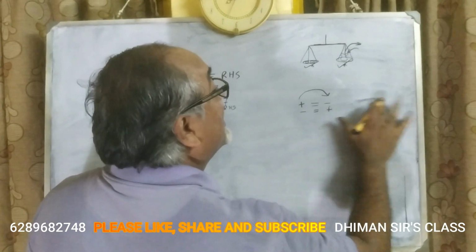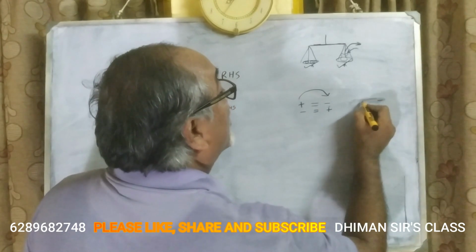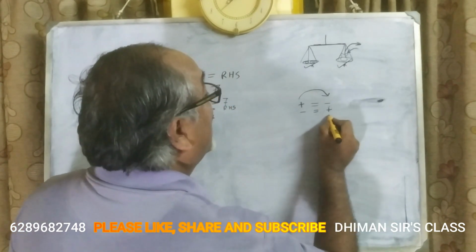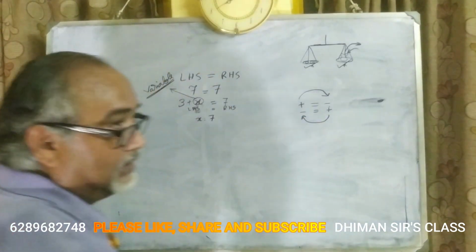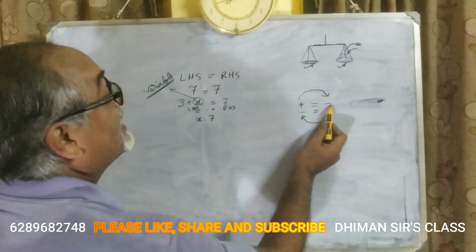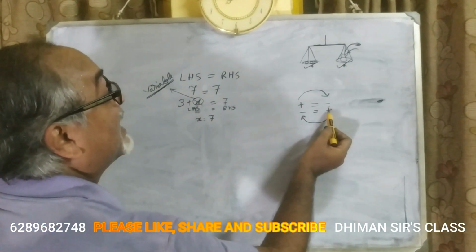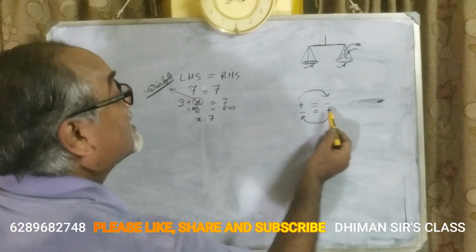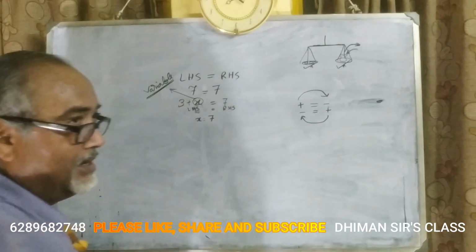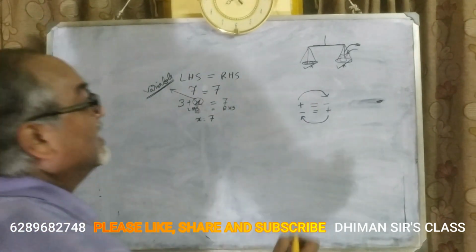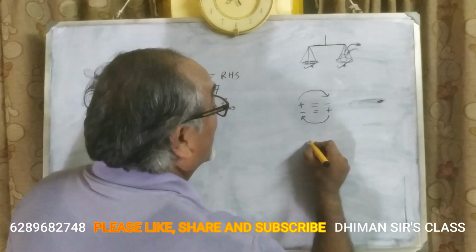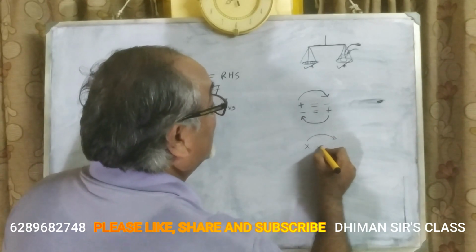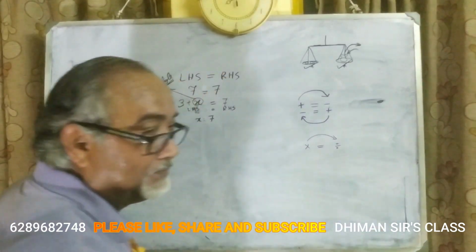If plus goes that side, it becomes minus. If minus goes that side, it becomes plus. Vice versa, if minus goes this side, it becomes plus. If plus goes this side, it becomes minus. And if multiply goes this side, it becomes divide.